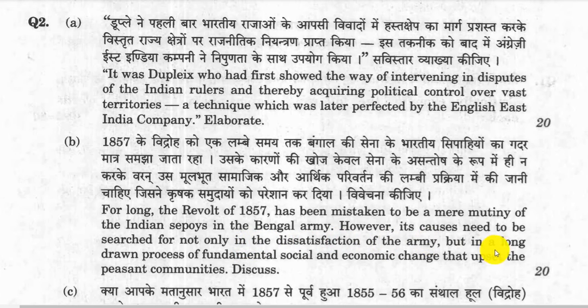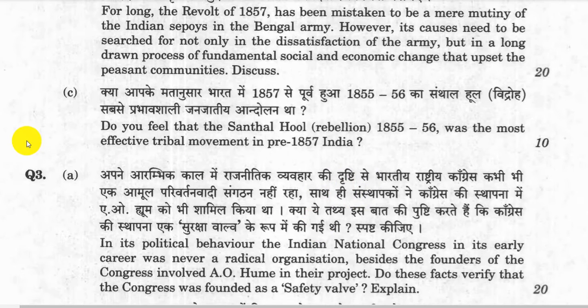However, its causes need to be searched for not only in the dissatisfactions of the army, but in a long-drawn process of fundamental social and economic changes that upset the peasant communities. Discuss.